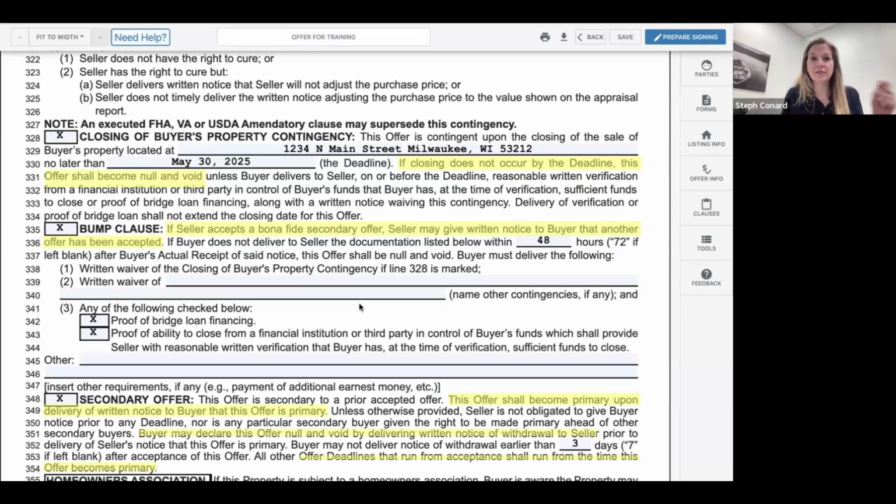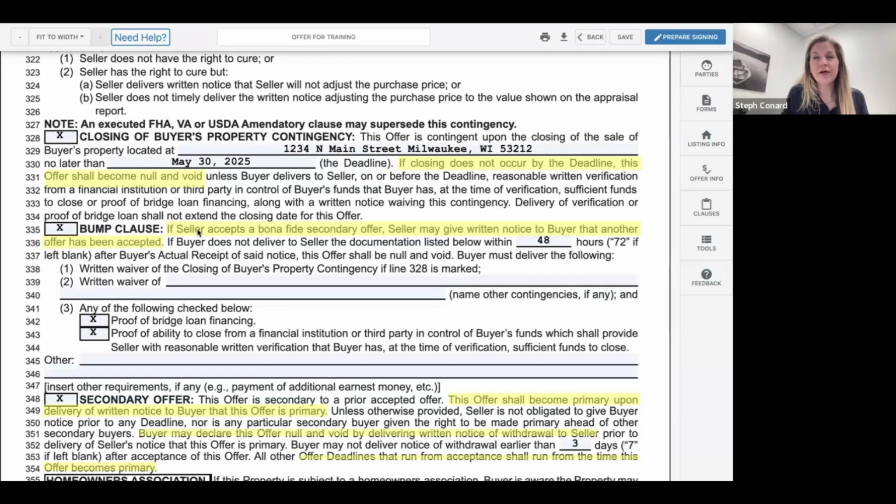We want you to either lift your home close contingency, let us know whether or not you can, and provide us with evidence that you can within this 48-hour period. So the buyer who submitted the secondary offer is going to know within that 48 to 72-hour period whether or not they're going to be moved into primary position.